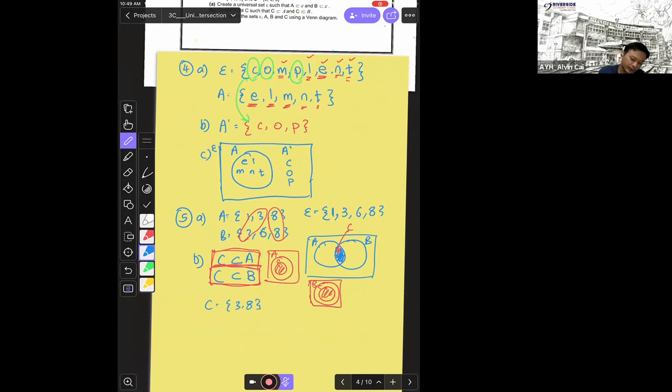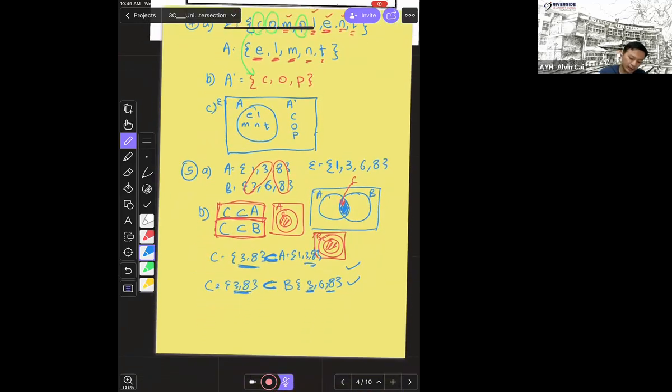If you compare, C is 3 and 8 and A is 1, 3 and 8, so yes, C is a subset of A. If we compare again, C is 3 and 8, and it's also a subset of B, which is 3, 6, and 8. So these two are satisfied, so hence C can be this.